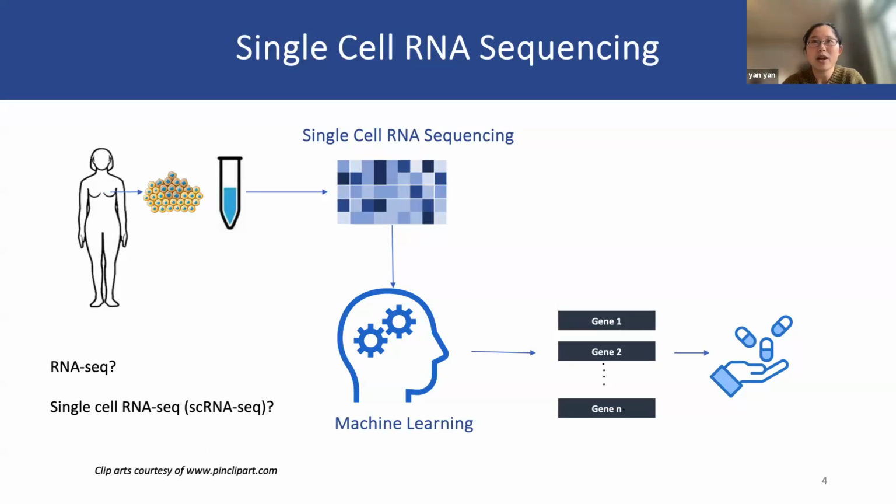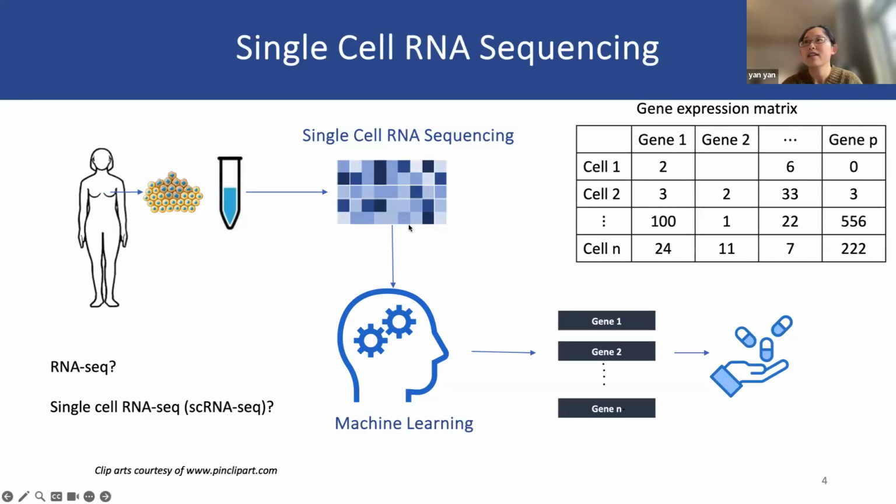And I'm not going to talk too much about the details of the experiment, but as for the computational analysis part, we are interested in what kind of data we will be getting from this whole experiment. So you can view the data we'll be getting as a gene expression matrix. Each row will be one cell, so we may have different cells, and each column is a particular gene.